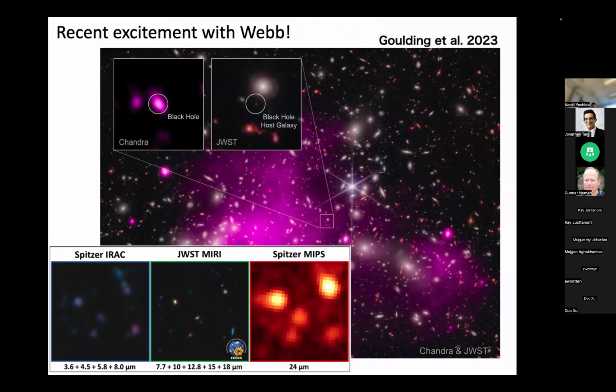The most surprising thing to me was that everything is working perfectly. There was a small problem with MIRI, but we find superb pictures even compared to Spitzer or other space telescopes. And then we discover this distant object. So this is one of the recent developments.